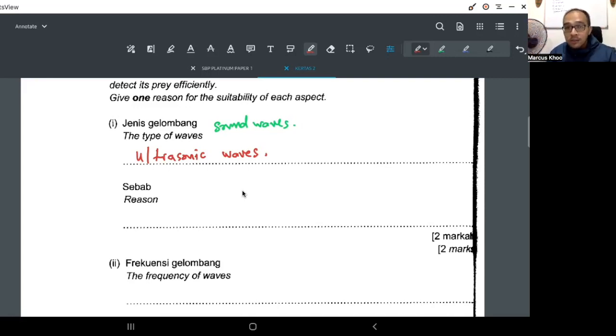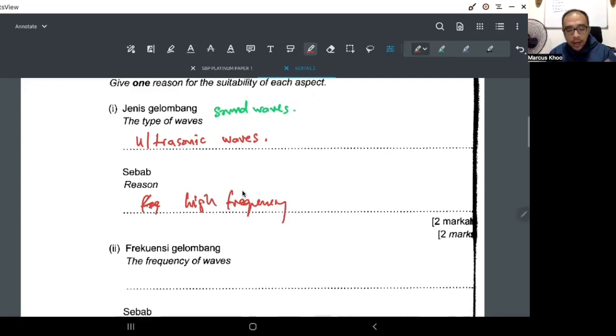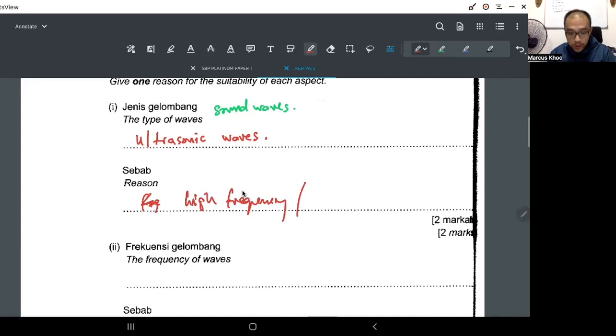So why is this so ultra? Because it is high frequency. High frequency usually is associated with high energy. So those are two possible reasons that you want to give.